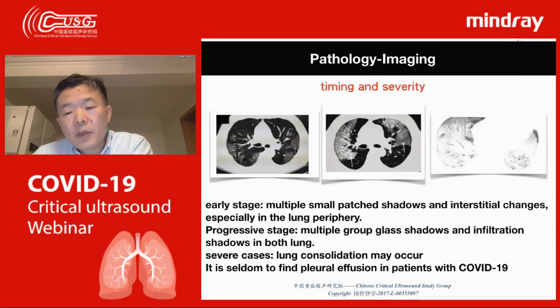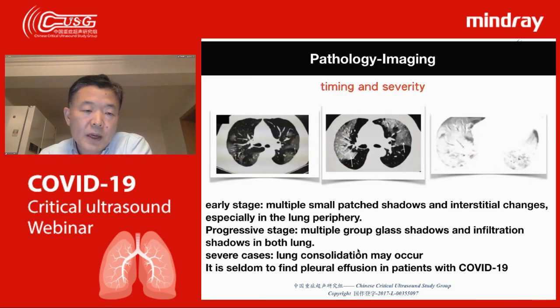So from this kind of pathology information, we know this kind of virus must damage our lung, especially in the first stage, the alveolar part is first. So if we use this information and combine it with our CT scan or X-ray, you will see in the early stage multiple small patchy shadows and interstitial changes, especially in the lung periphery.